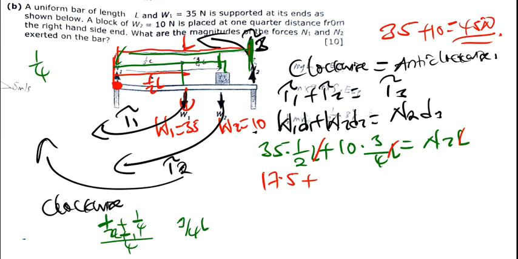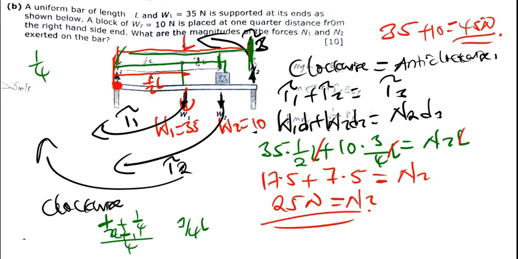I'll have 7.5, like that. I'll have 7.5 is equal to N2. So if I add those two, 7.5 plus 17.5, I'm getting 25 as my N2.